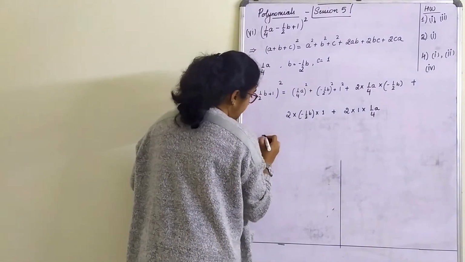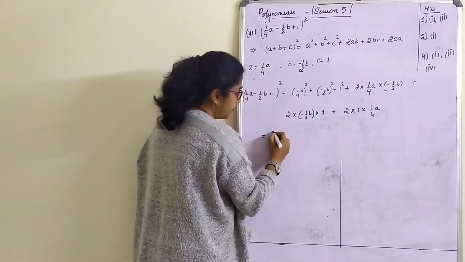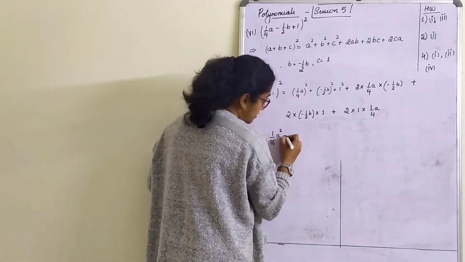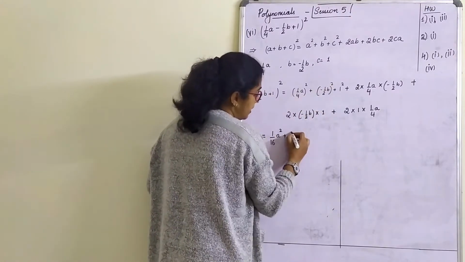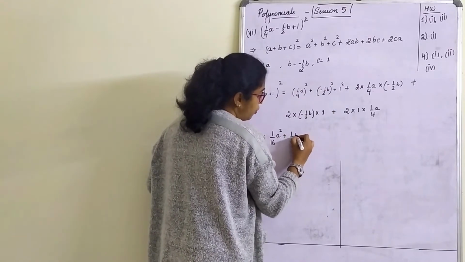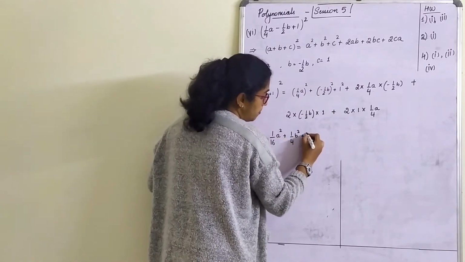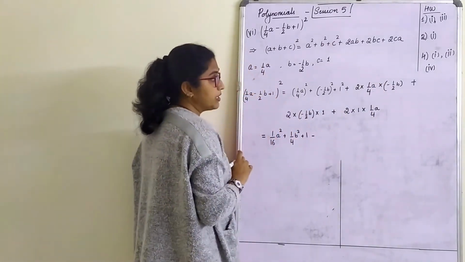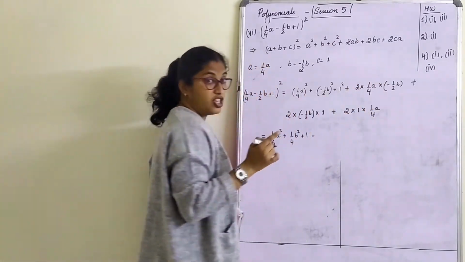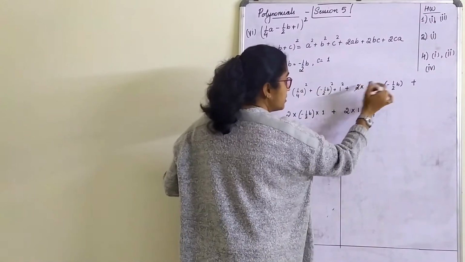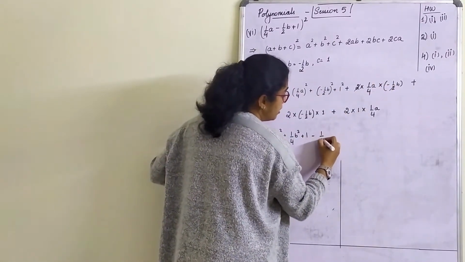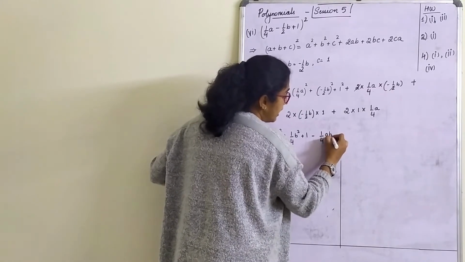Let's solve further. 1 by 4a, 4 square, 1 by 16a square, minus square will become plus 1 by 4b square plus 1. Now look, there's a minus sign, 1 minus sign, so I'll put a minus sign here. Cancellations with pencil. So this 2 and this 2 will get cancelled. So what will remain? 1 by 4ab.